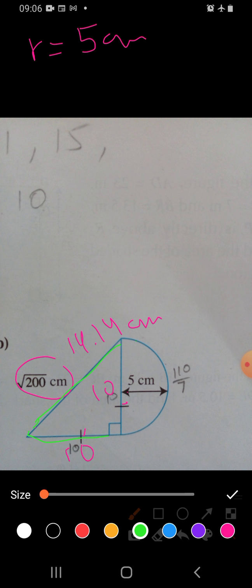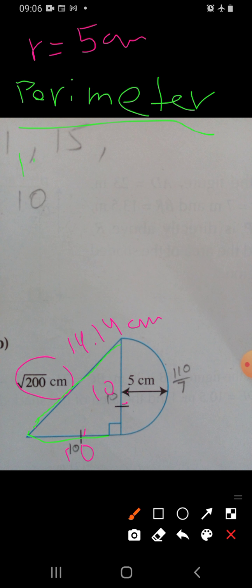Let me write the perimeter. To find the perimeter, one length is 10, the other is 14.14, 10 plus 14.14.